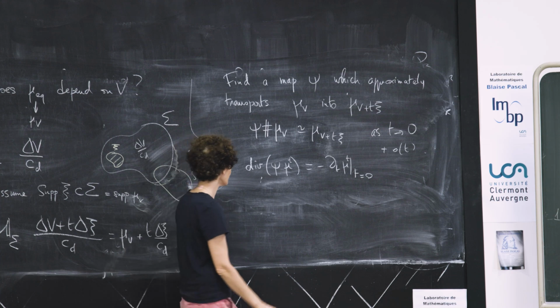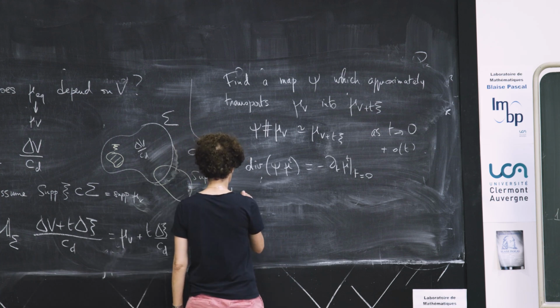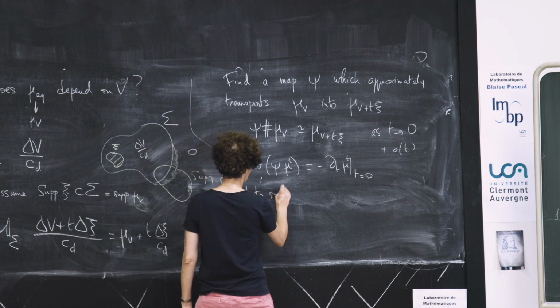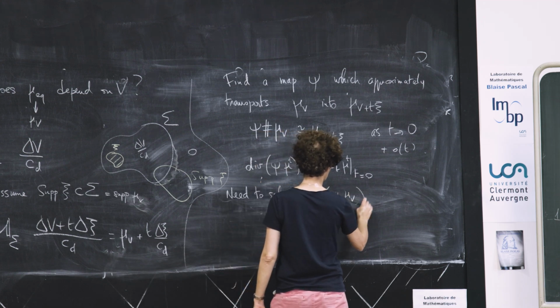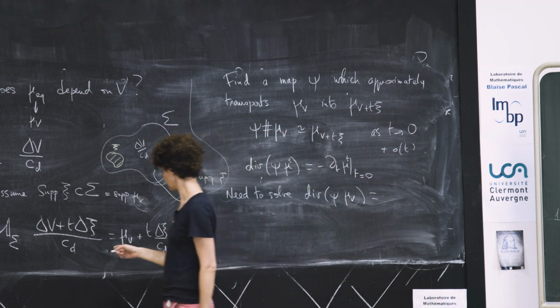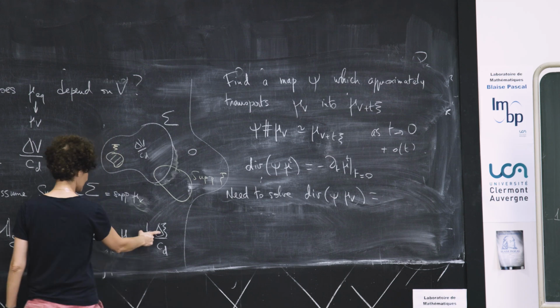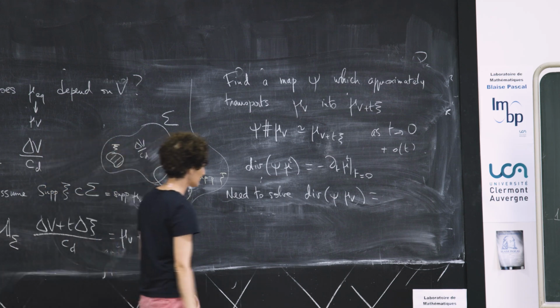So in fact, what we need to solve is just div psi mu v equals, what is the derivative of this? Well, it's just Laplacian xi over cd.